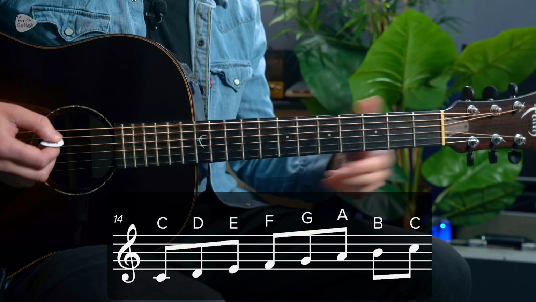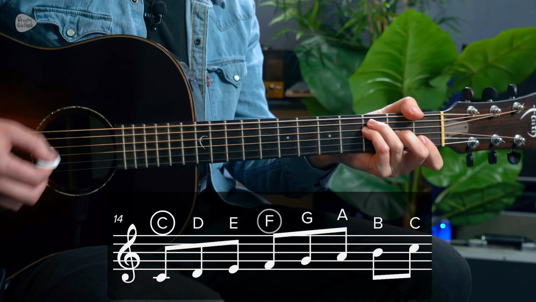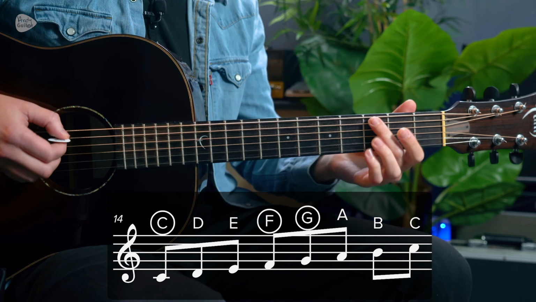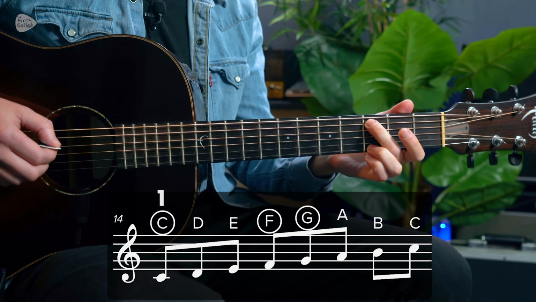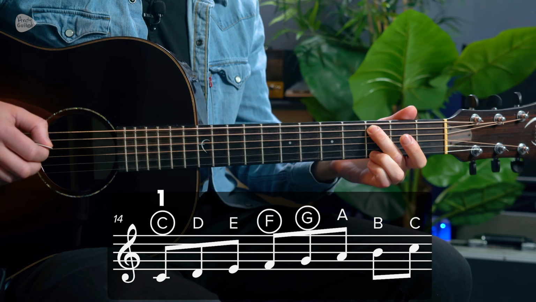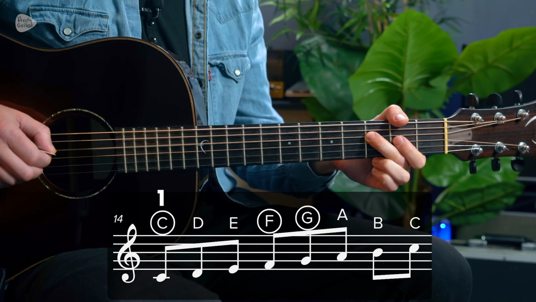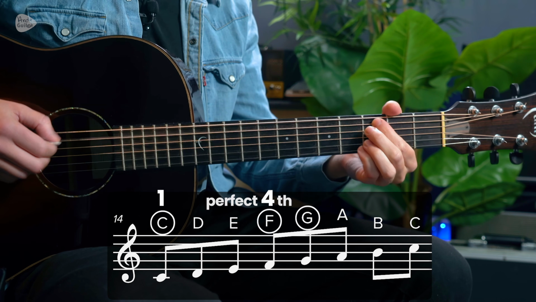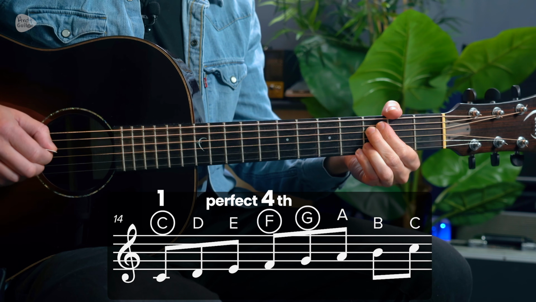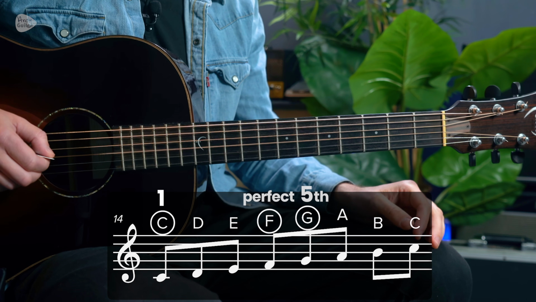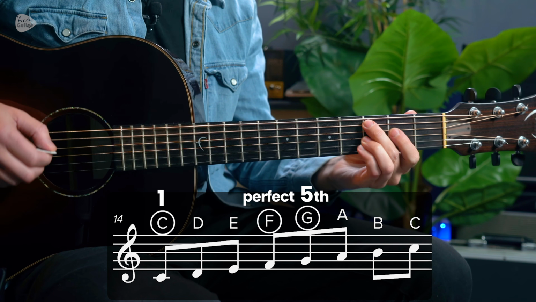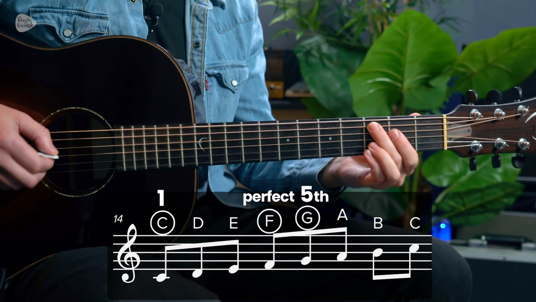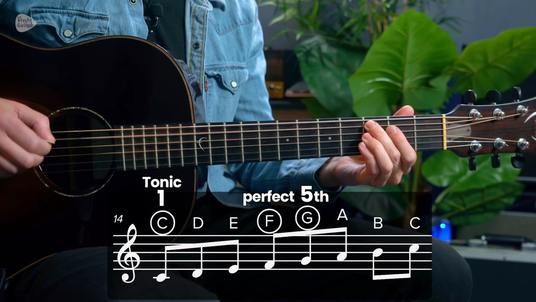To refer that to our 1, 4, and 5, we have a C note, which is our 1, 3rd fret of string 5. We have the F note directly below that, which is a perfect 4th away, and then the G note, which is a perfect 5th away from the first note, from the tonic.